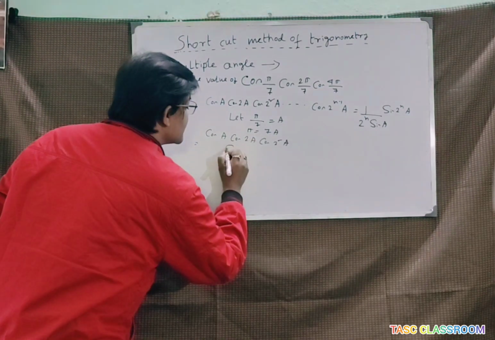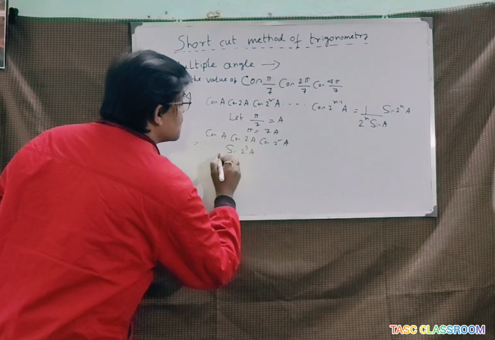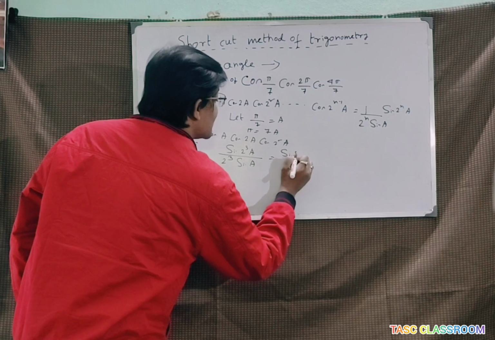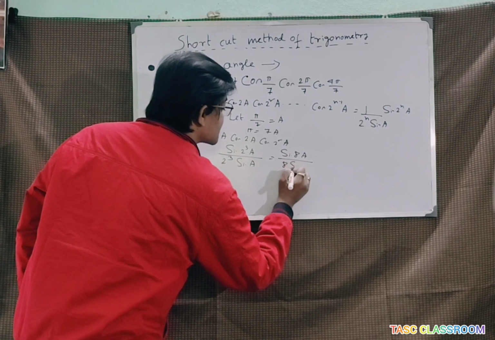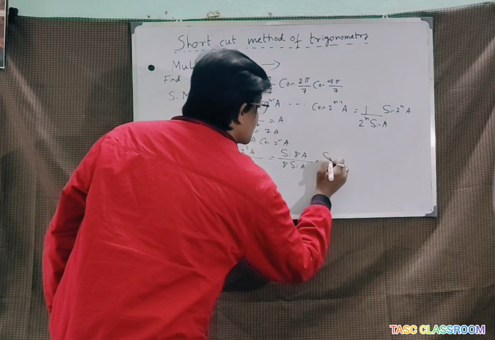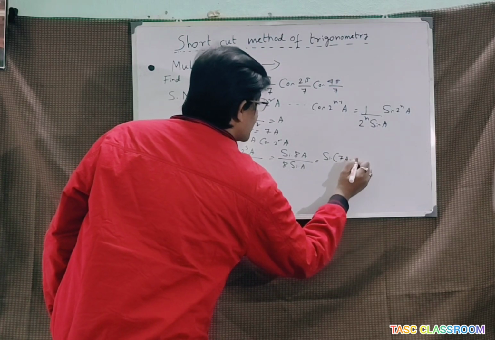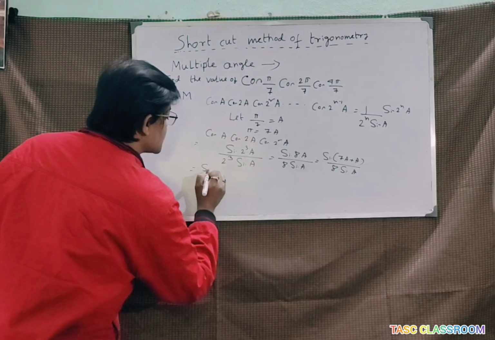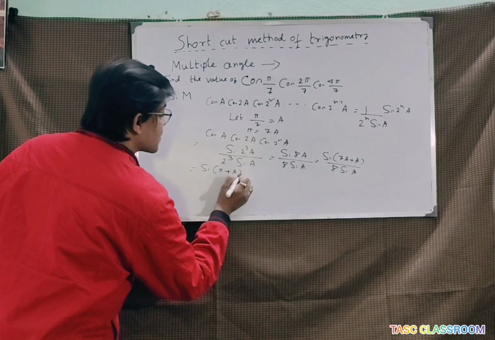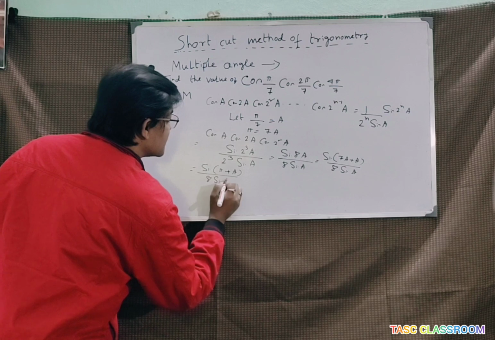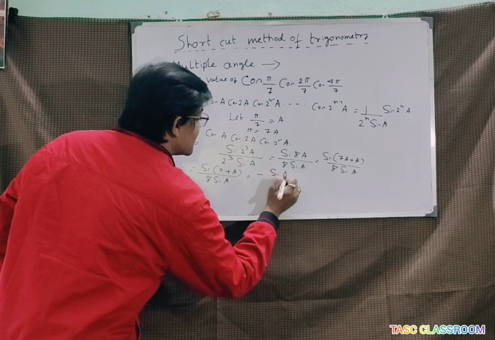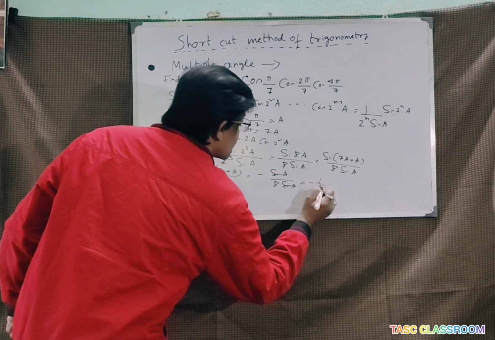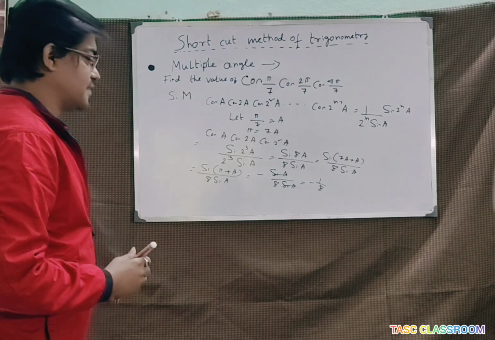Then the answer will be sin 2 cube A by 2 cube sin A, which is sin 8A by 8 sin A, equal to sin 7A plus A by 8 sin A, equal to sin pi plus A by 8 sin A, equal to minus sin A by 8 sin A. Then the answer will come minus 1 by 8.